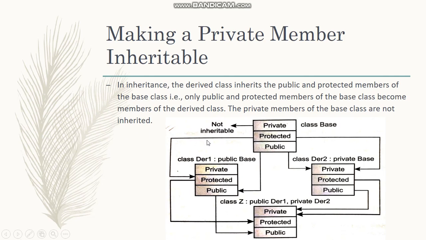So in the previous video we had seen that only the protected and the public member of the base class are being inherited into the derived class. The private data member or the member functions cannot be inherited to the next class or the derived class.